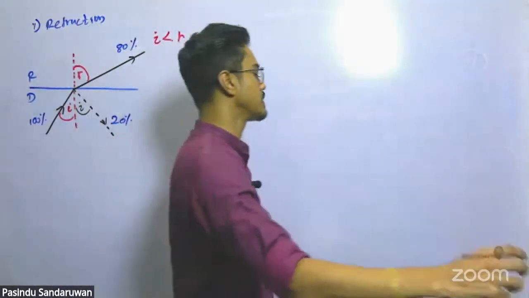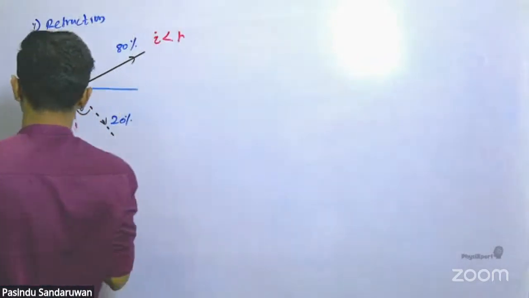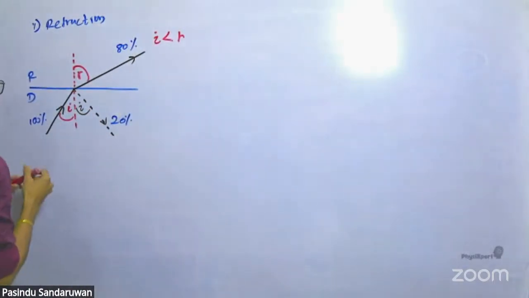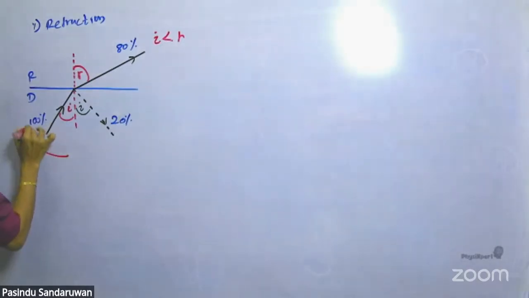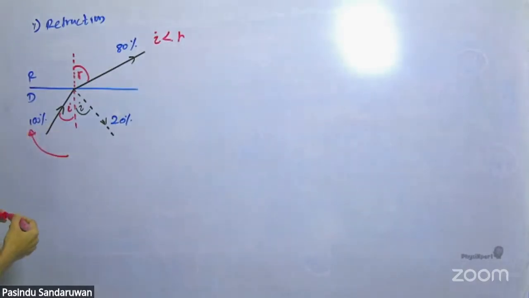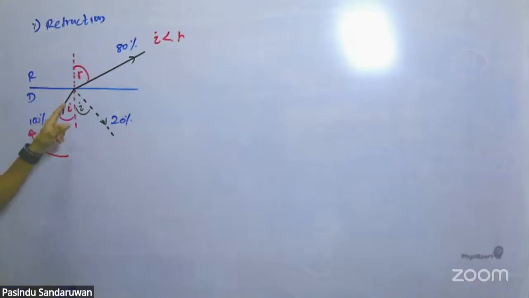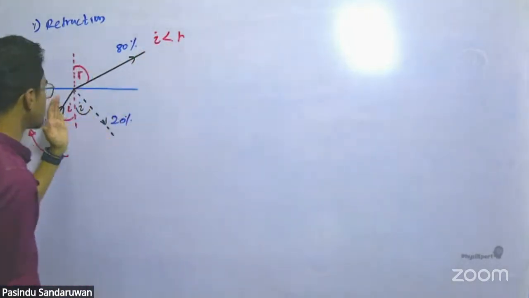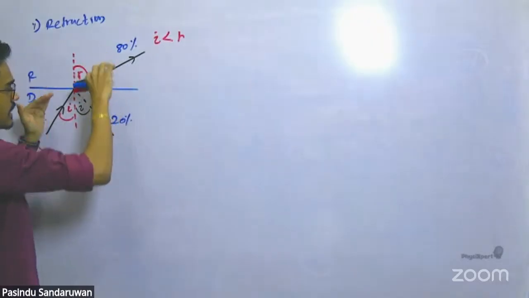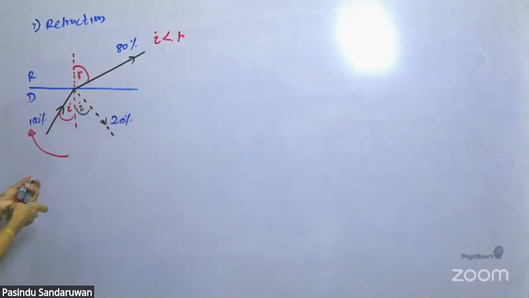Listen carefully. If we gradually increase the angle of incidence, we know R is greater than I. Since R is greater than I, when I increases, R also increases.